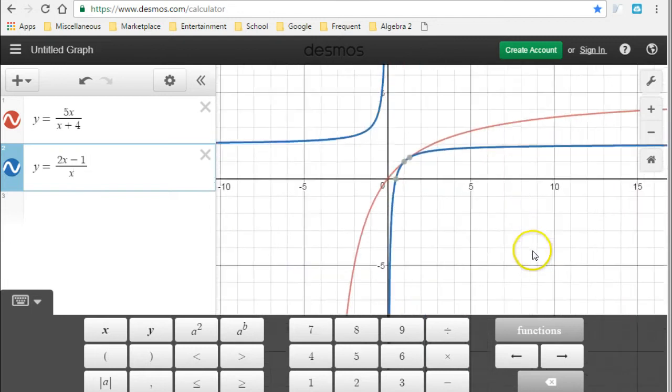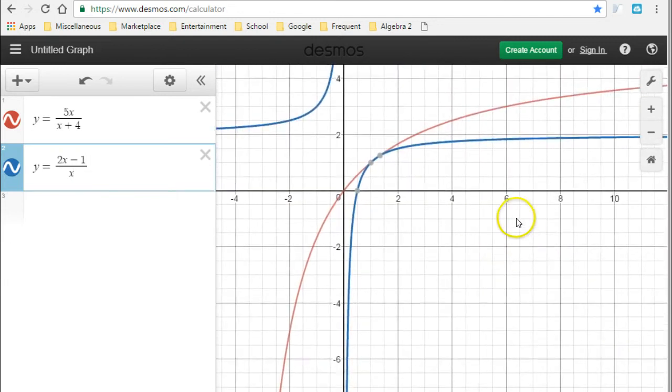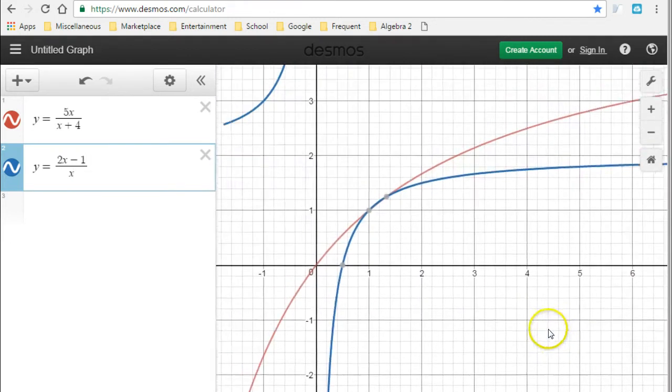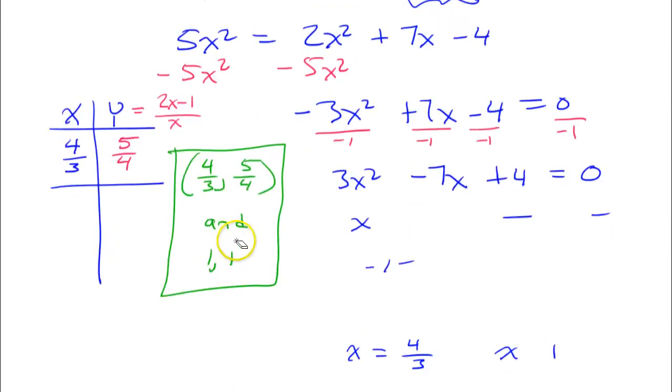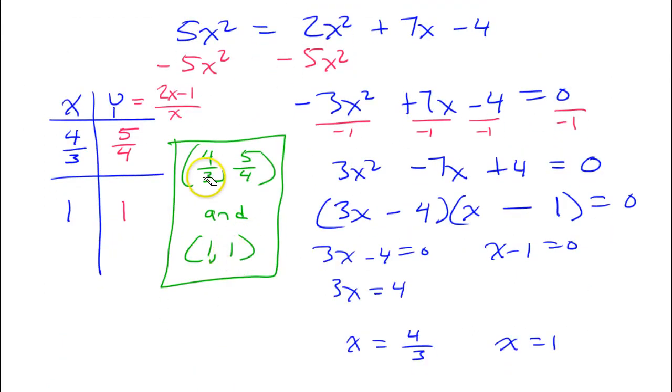So I'm going to just zoom in, take a closer look at what's going on there. So here are the 2 points where these graphs intersect. There's the point 1, comma 1, which is the point that we found. And this point 4 over 3, comma 5 over 4.